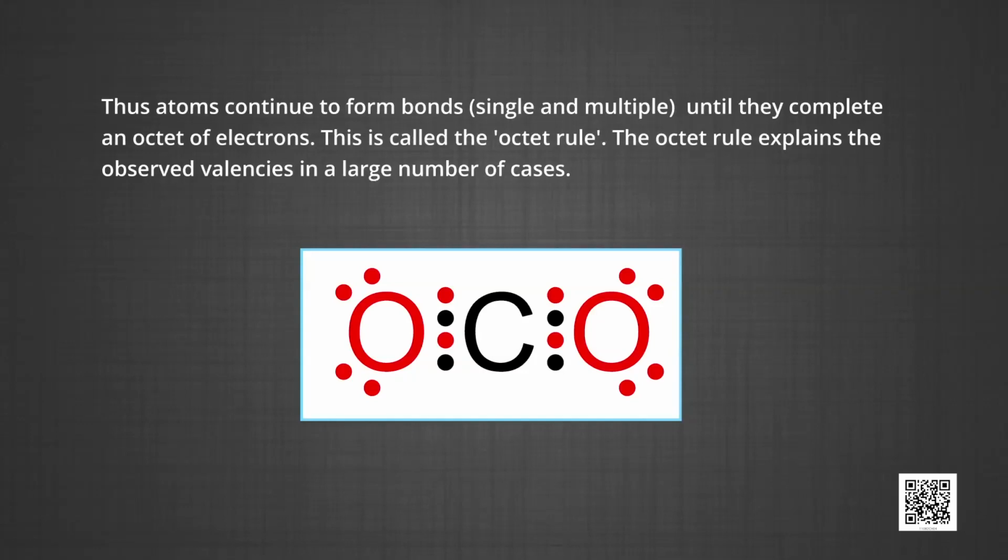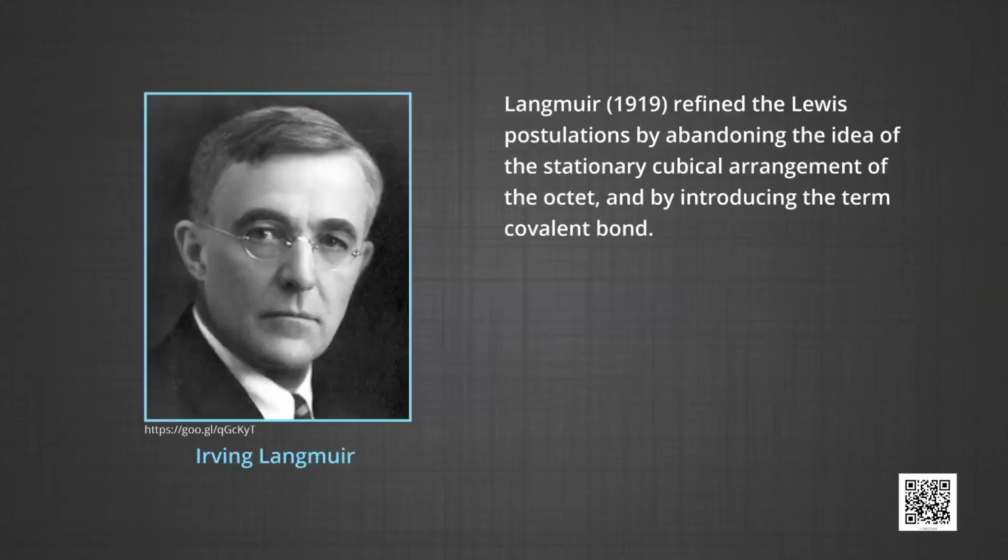The octet rule explains the observed valencies in a large number of cases. Langmuir in 1919 refined the Lewis postulations by abandoning the idea of the stationary cubical arrangement of the octet and by introducing the term covalent bond.